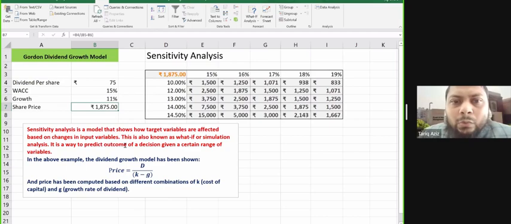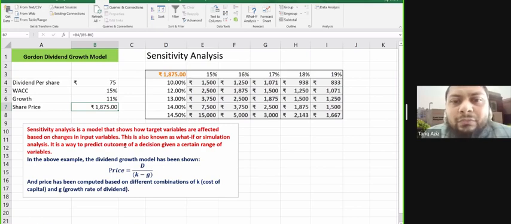The output is price. So if we change the weighted average cost of capital or the growth rate of the dividend, how will the share price be impacted?